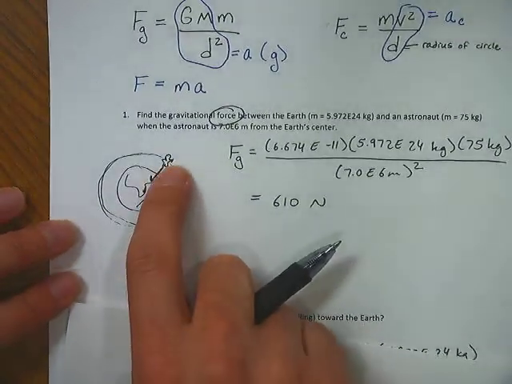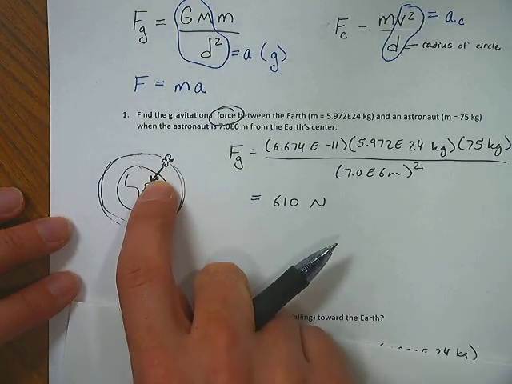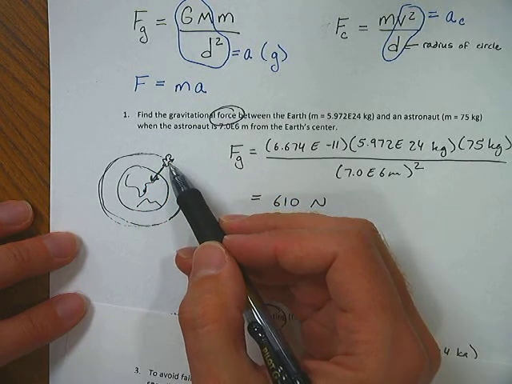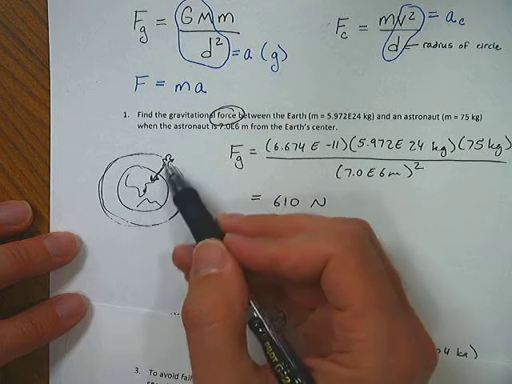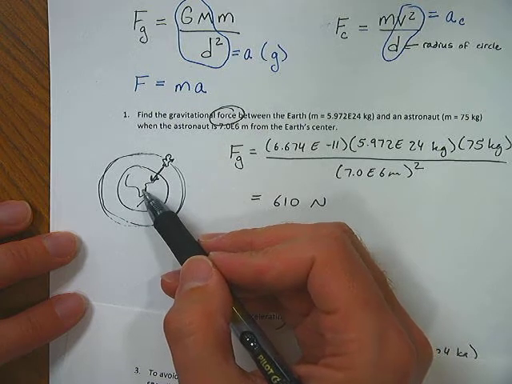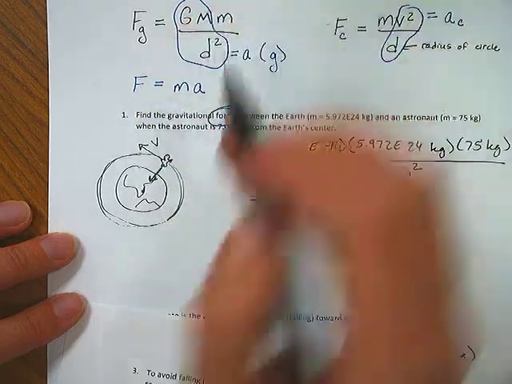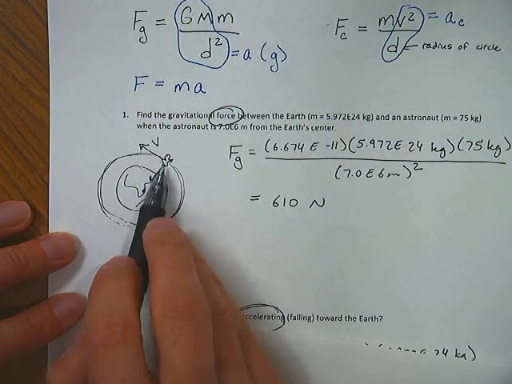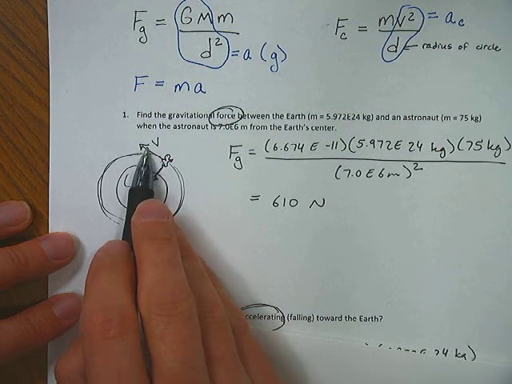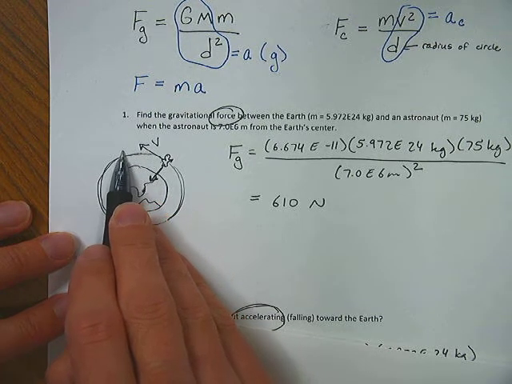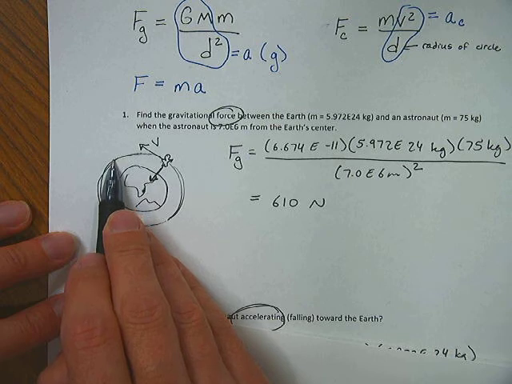Problem 3. To avoid falling into the Earth, the astronaut must have a large sideways speed or orbital speed. Find it. Okay, so if we look at this picture, if this astronaut is being pulled inwards towards the ground, why doesn't she actually fall into the Earth and crash?